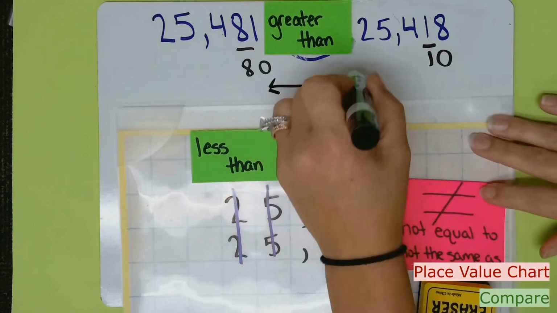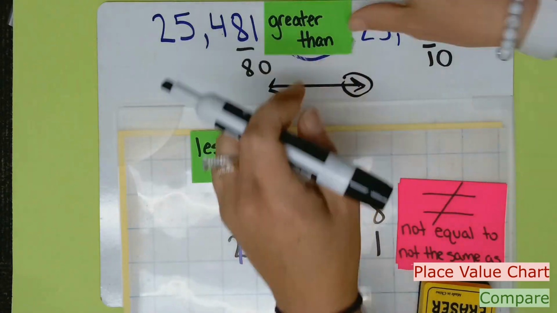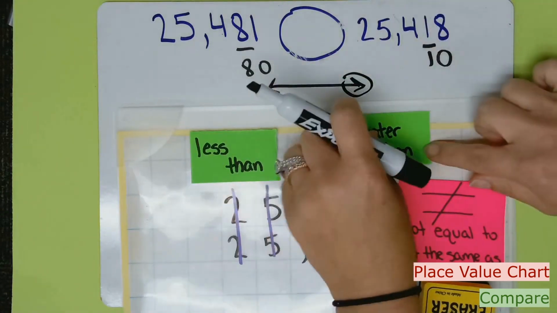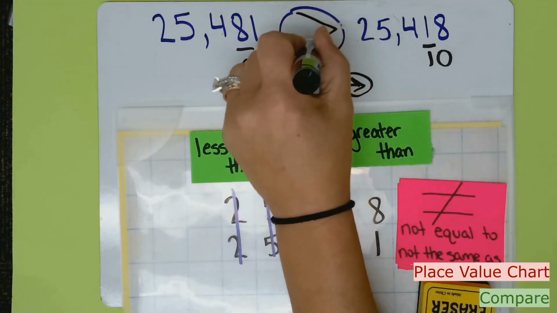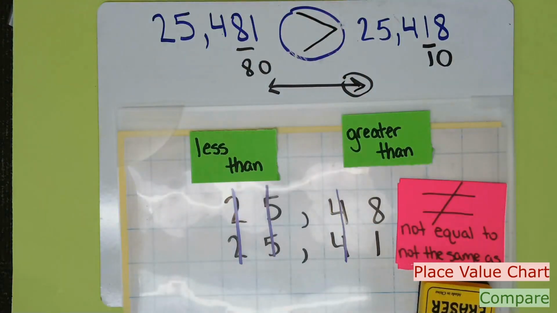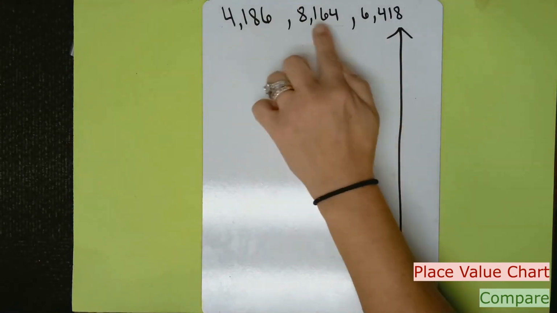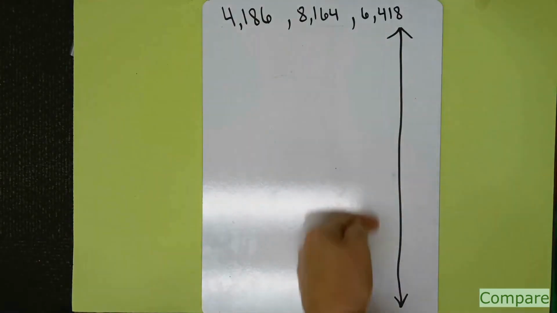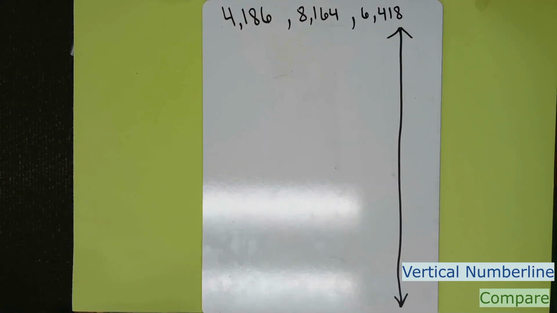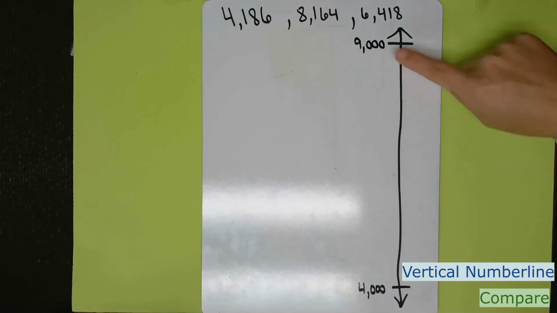Again, reinforcing which symbol to use, I'm going to think of that number line, and the greater numbers are usually located further on the right, so therefore that is my greater symbol. To also help students with this understanding of greater or less, we can relate it to height on a vertical number line. So here I've given students 3 numbers.